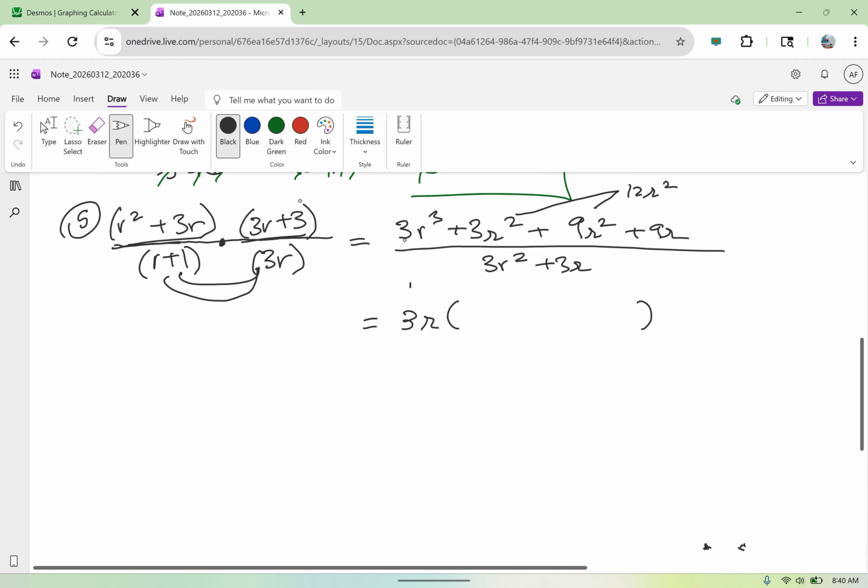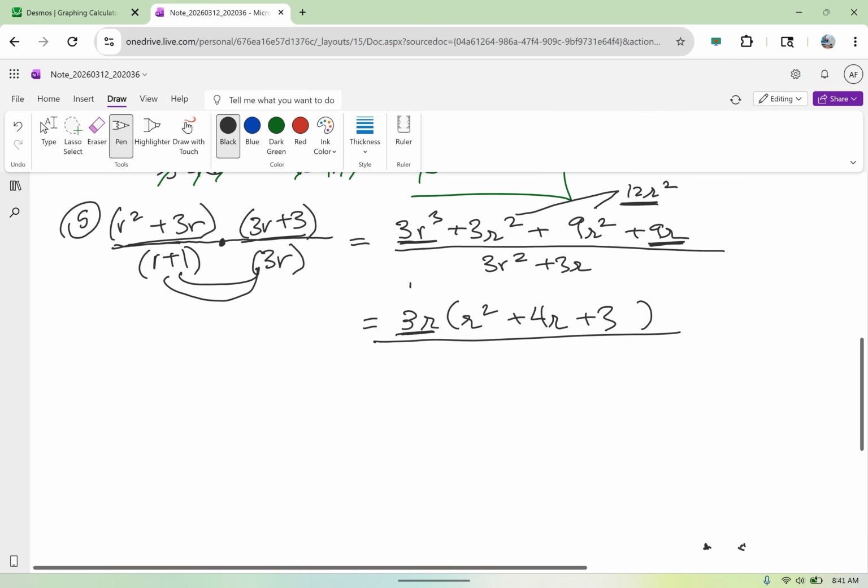So 3r cubed, I really want a visible cursor. 3r cubed divided by 3r is going to be r squared. 12r squared divided by 3r is going to leave 4r. And then 9r divided by 3r is going to leave 3.